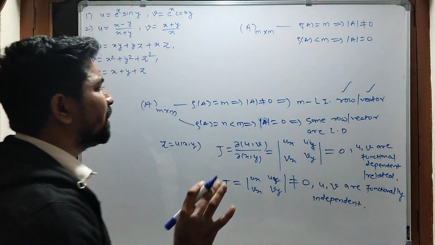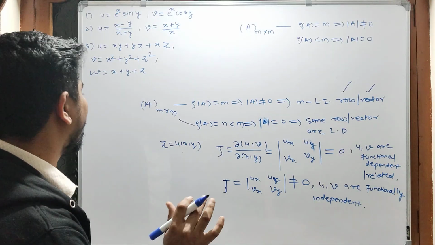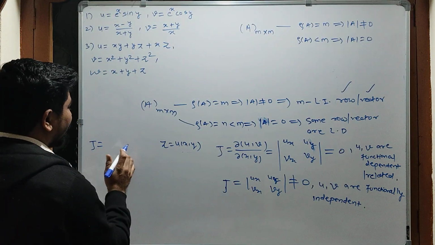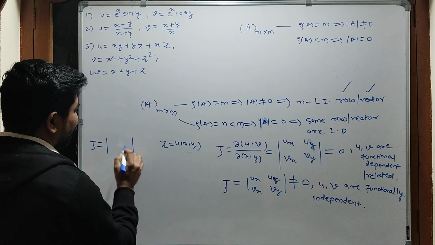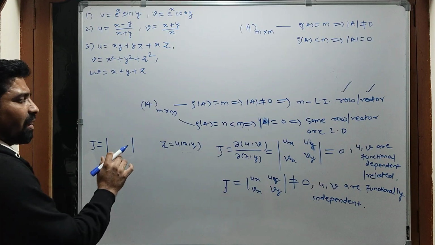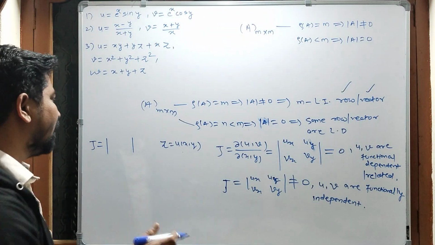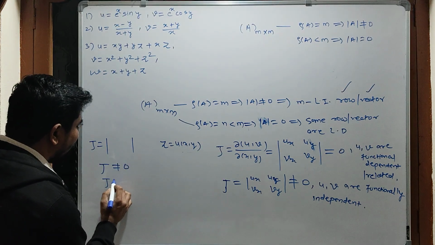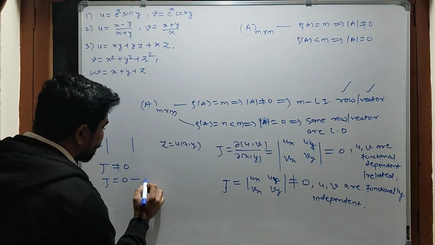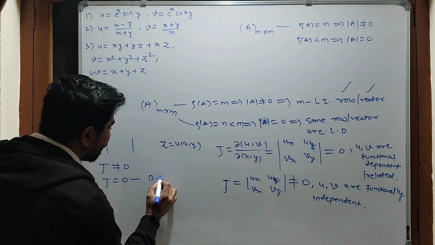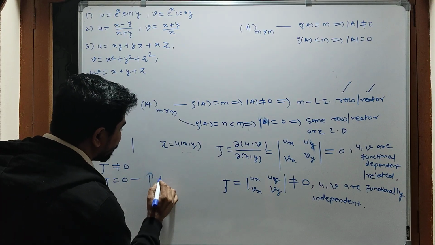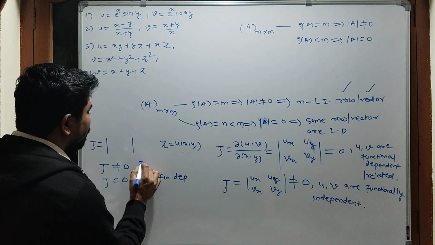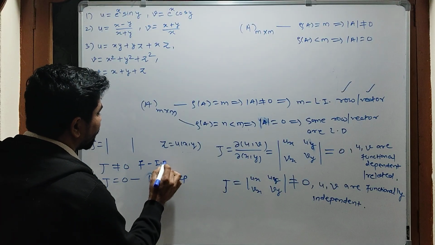So just keep one thing in your mind. Jacobian is a determinant. Jacobian is defined by the determinant of u comma v with respect to x comma y. If the Jacobian is 0, this is a dependent function, so functionally dependent, and if the Jacobian is non-zero, functionally independent.